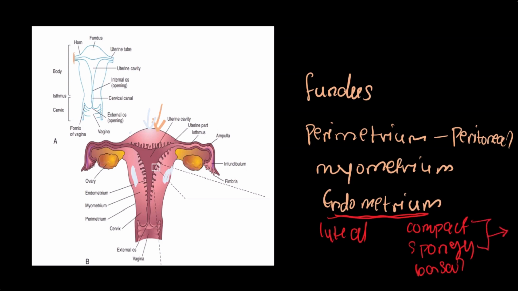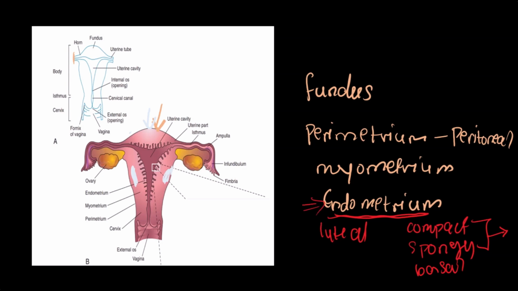Now the compact layer and the spongy layer together form the functional layer of the endometrium, and this layer is shed off during the menstrual period. It's shed off together with the menstrual flow, while the basal layer remains during menstrual flow.